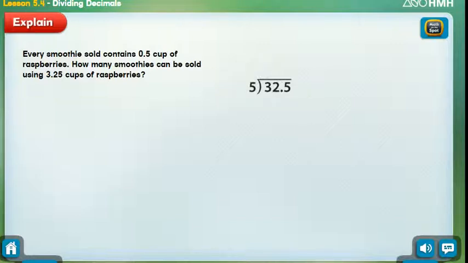Now let's divide. Remember, the quotient of 32.5 and 5 is the same as the quotient of 3.25 and 0.5. How many times does 5 go into 32? Enter the factor. You're right. 5 goes into 32 6 times.